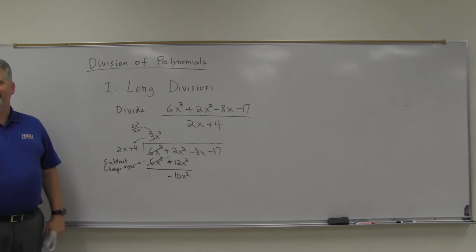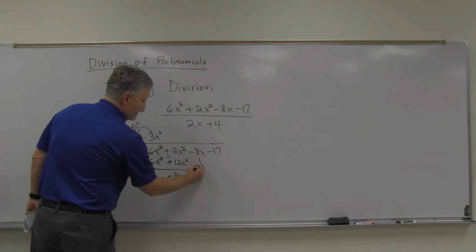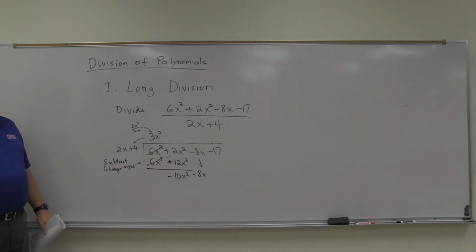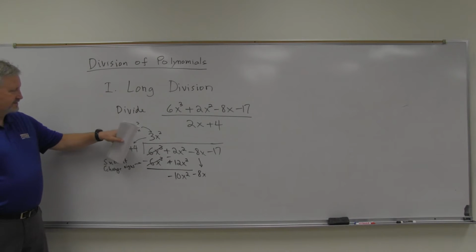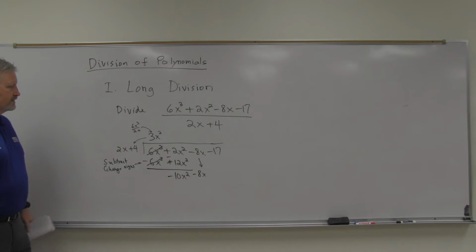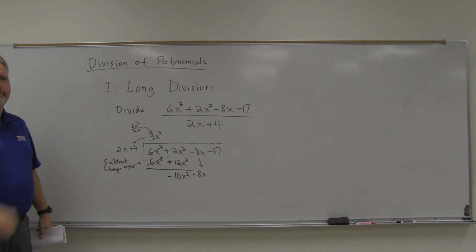Well, the bad news is, there's more. The good news is it's just repeating the cycle. Bring down the next term and do it all over again, which is divide, multiply, subtract. That's the 3 steps: divide, multiply, subtract.